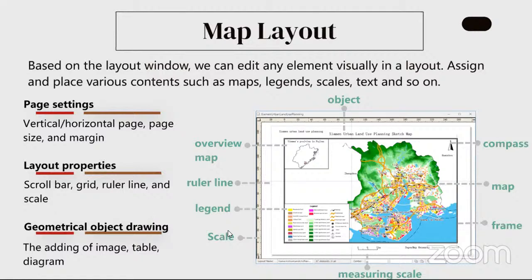In the properties, you can also add a scroll bar like here, a grid, a ruler line here, and also a scale. And other than that, even geometrical object drawing can be added, such as an image, table, or diagram into the map layout. And all of this depends on what type of map that you want to show or create.